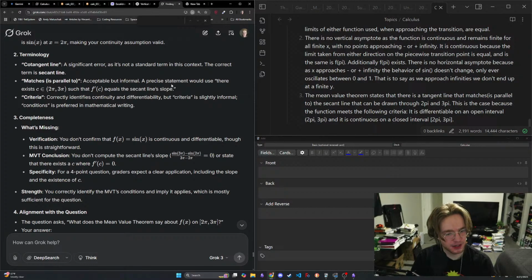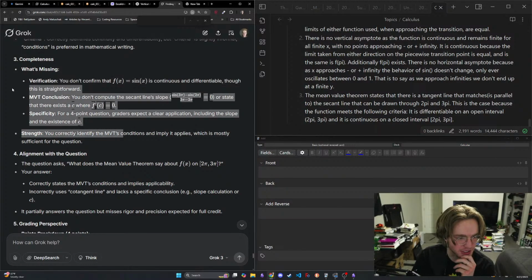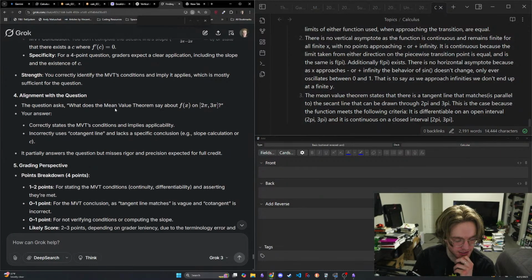Okay, so it was good, but it looks like I just needed a little bit more meat. Grok was mixed up a little bit on 2 pi. It's saying there was a jump discontinuity there, but this is a continuous function.